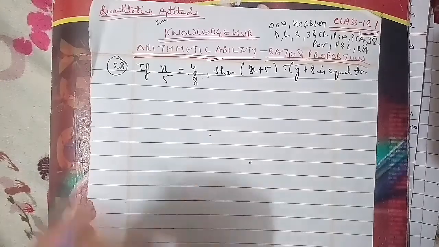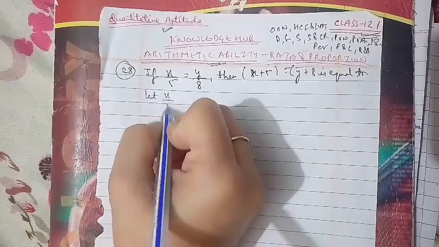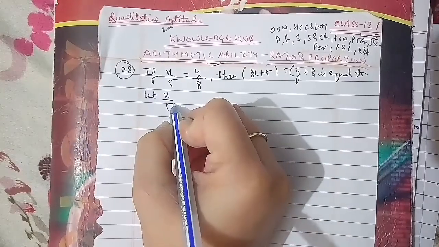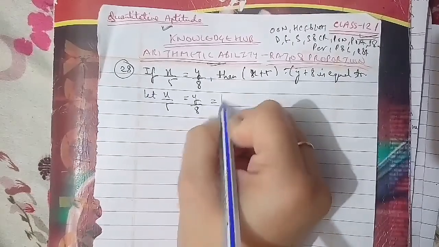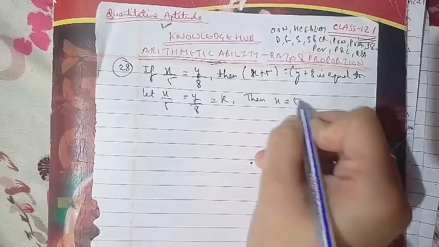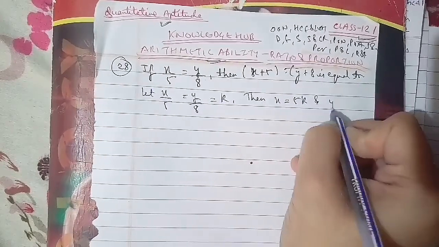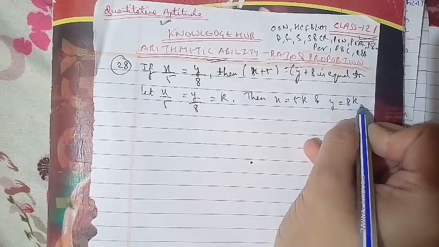Let x upon 5 equals y upon 8 equals k, then x equals 5k and y equals 8k.